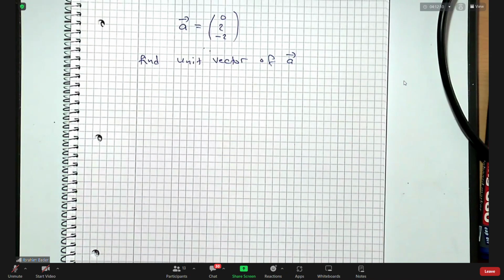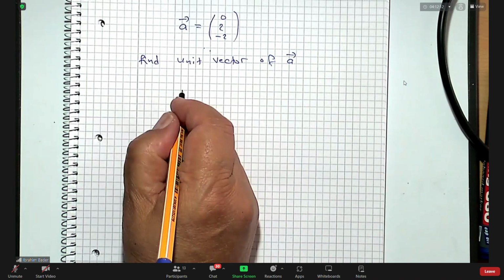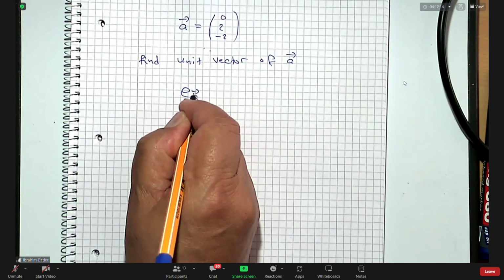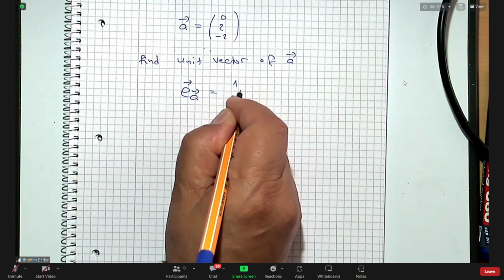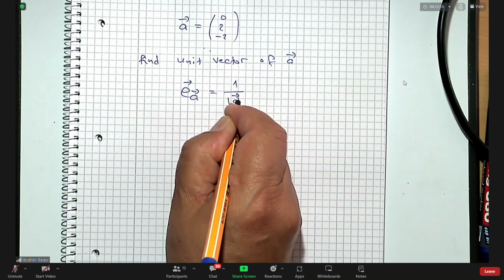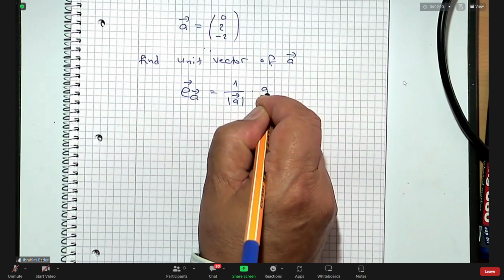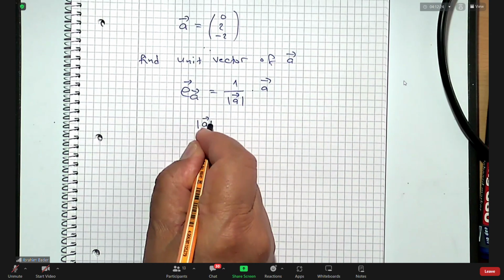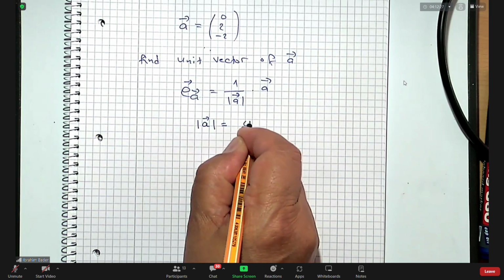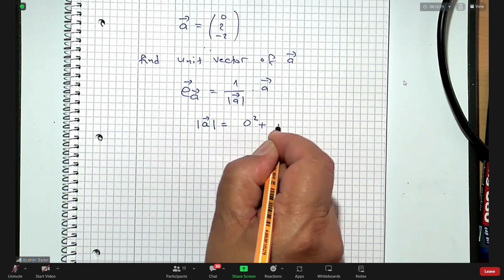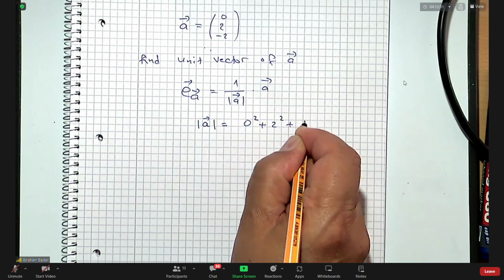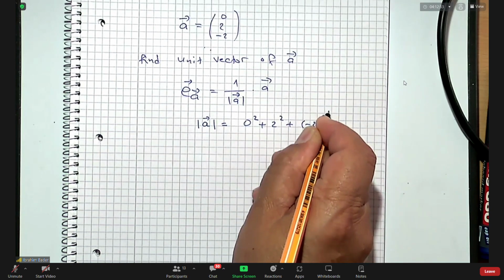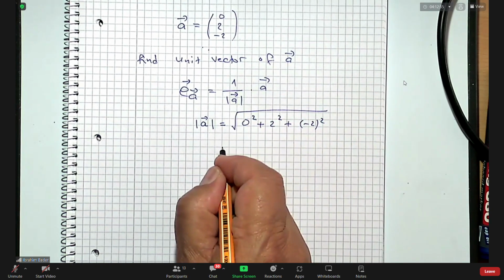Now here, according to the definition, the unit vector of A equals 1 over the magnitude of A multiplied by A, right? Now, what is the magnitude of A? It is 0 squared plus 2 squared plus minus 2 squared, all under the square root.